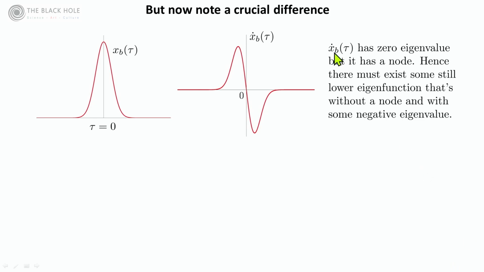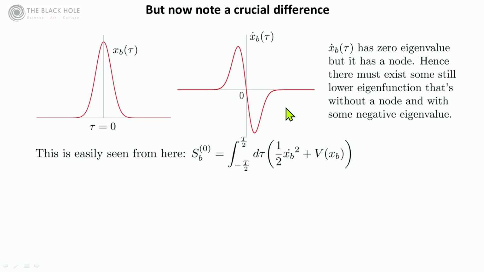So you see, xb dot of tau has a 0 eigenvalue, but it has to have a node. A node is where a function is 0. Here's a plot of xb dot. If xb is this, as I said earlier, if you differentiate it, it's got to be 0 over here. Now, we know from our experience with the Schrodinger equation that if you have an eigenfunction that has wiggles in it, that means it's got more kinetic energy.